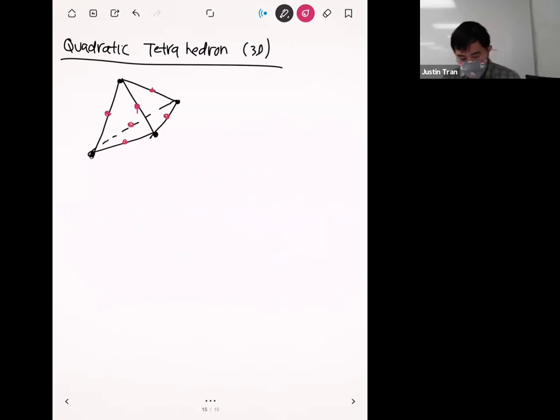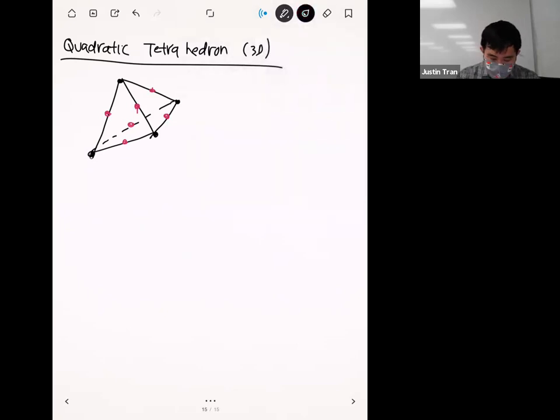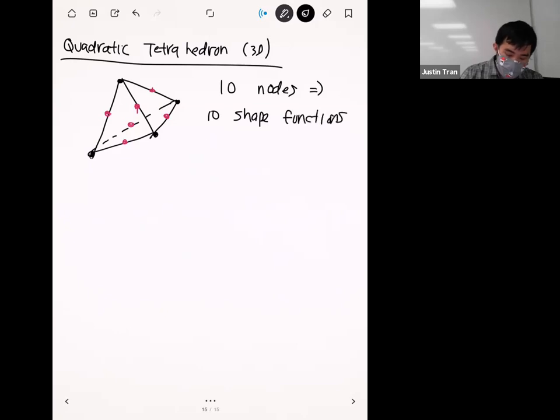If you count the pink dots on there, you'll see that there are 6 additional nodes, because we have 6 edges in a tetrahedron. Overall this is going to give us 10 nodes, which gives us 10 shape functions, which is going to give us 10 terms in our polynomial.